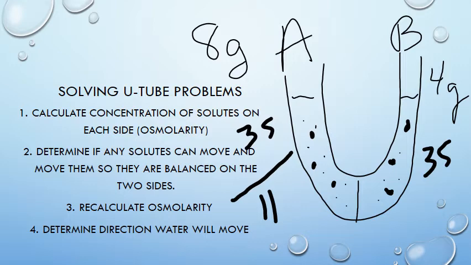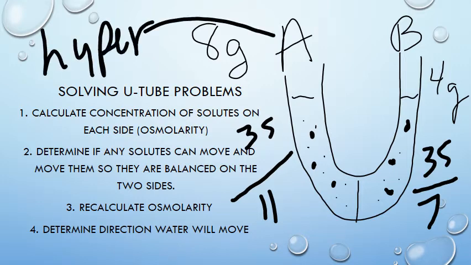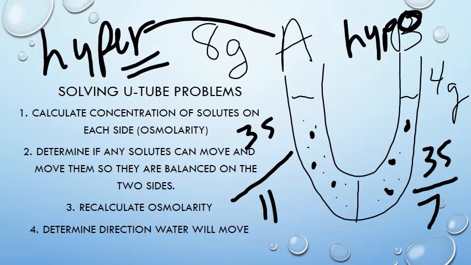So this is how you have to go through and solve some of them, is to just use them like they are a molarity. And over here on this side, I have 4 and 3, so I have 7. So right now, side A has more solutes. So side A right now is hypertonic because it has more solutes, and side B right now is hypotonic.